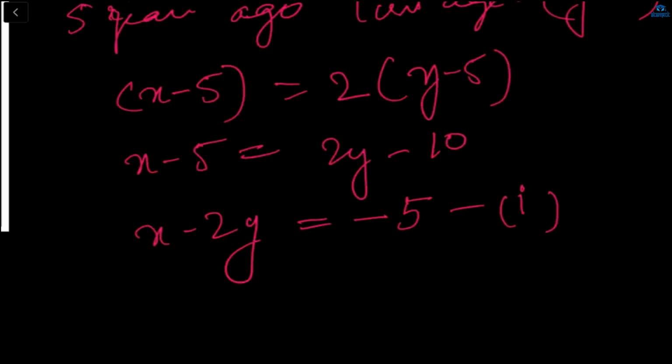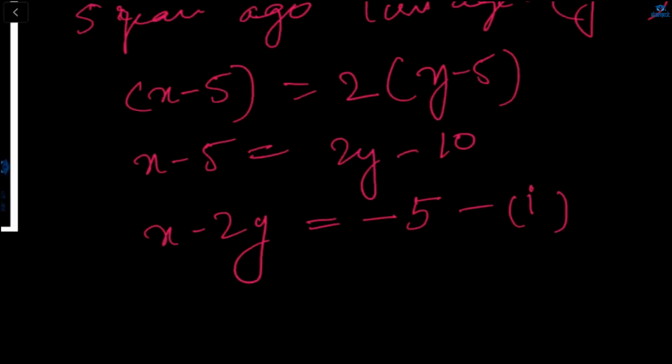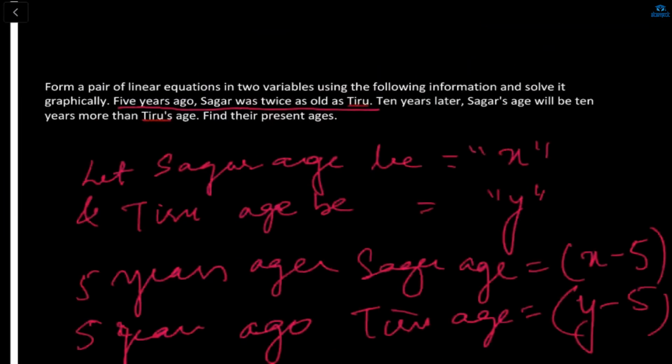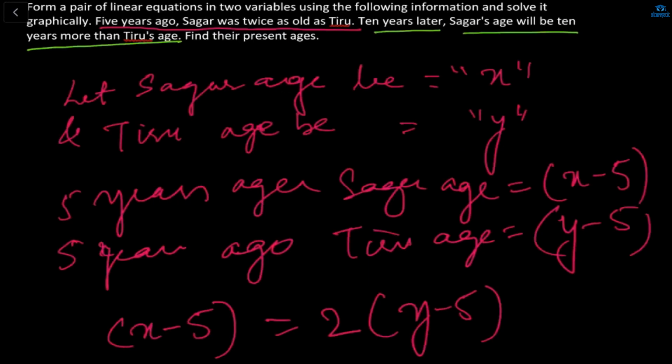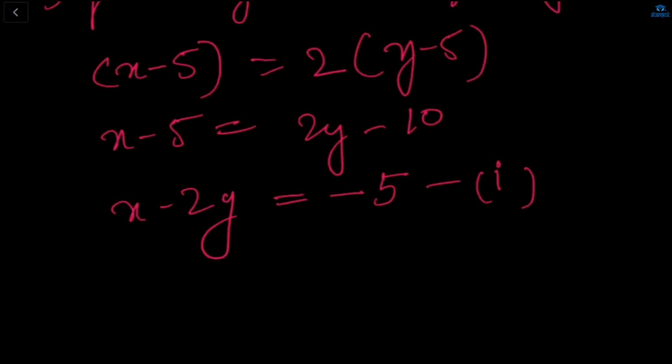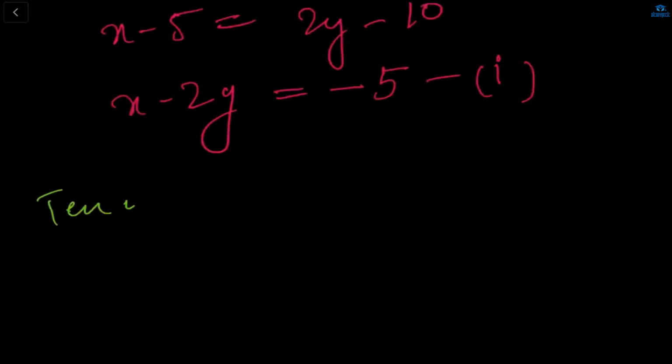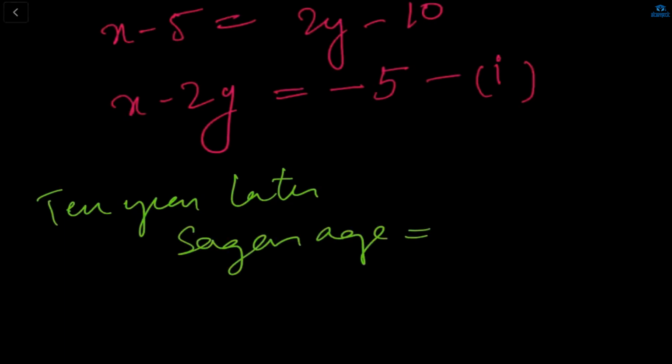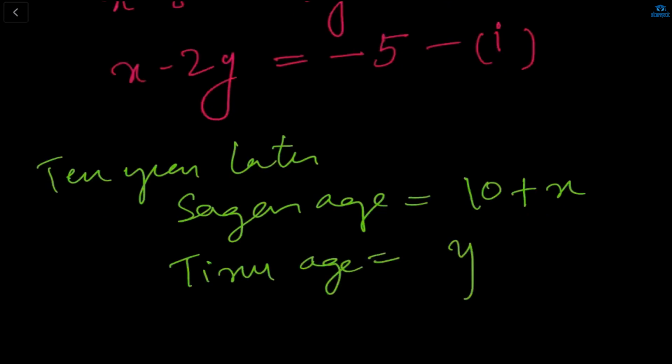Now let's solve for the second equation. 10 years later, Sagar's age will be 10 years more than Piru's age. What will be the age of Sagar 10 years later? It will be x plus 10, and Piru's age will be y plus 10.